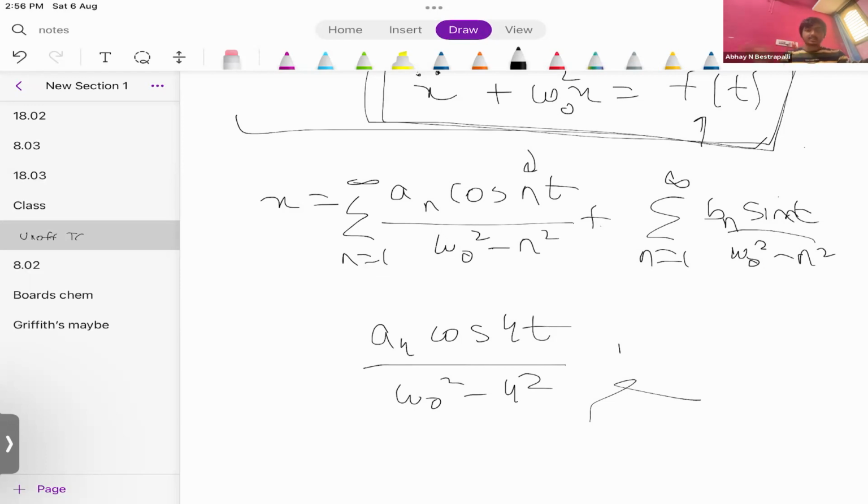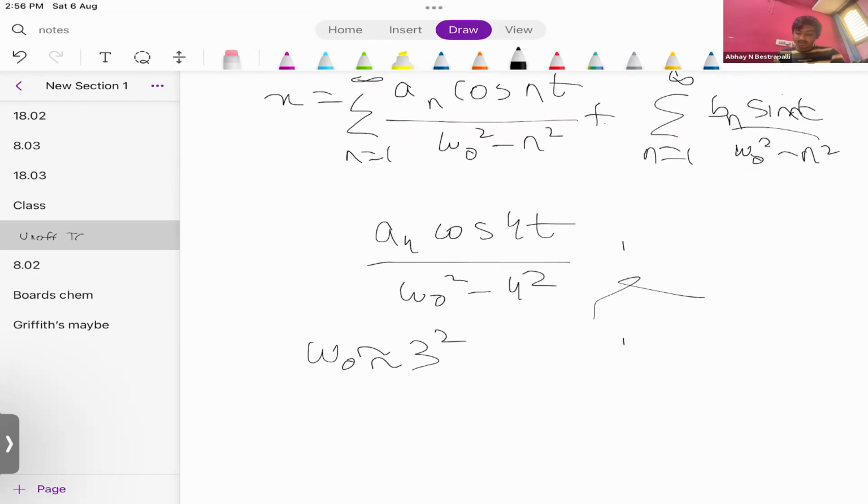Then only the third cos 3t term and the sin 3t term will have abnormally high values, right? So if omega naught is close to, say, 3 squared, only that specific term will oscillate.